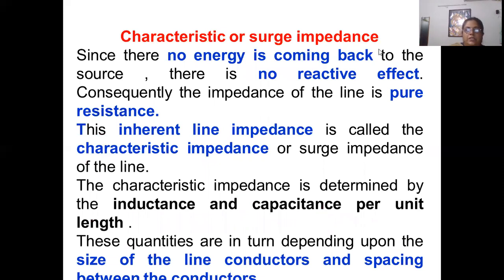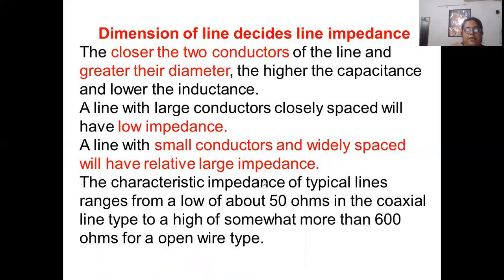Characteristics of surge impedance. Since no energy is coming back to the source, there is no reactive effect. Consequently, the impedance of the line is pure resistance. This inherent line impedance is called the characteristic impedance or surge impedance of the line, where the characteristic impedance is determined by the inductance and capacitance per unit length, and these and the dimensions of the line decide the line impedance.